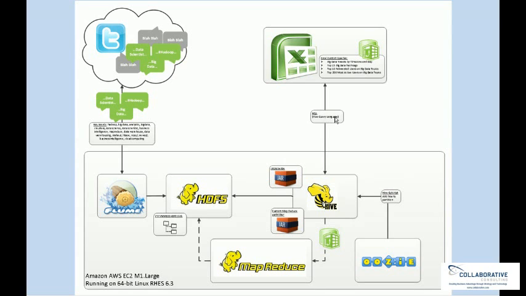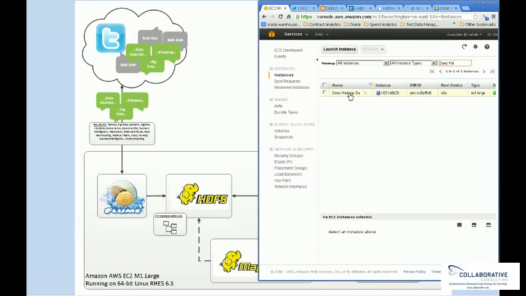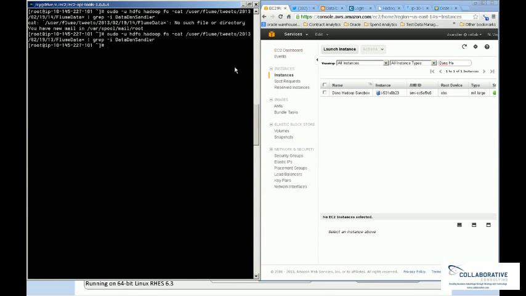Okay? So one final thing I'd like to show you is here's my Hadoop sandbox. It's running in the EC2 cloud right here. I'm going to bring the command line up. I'm right now logged in, SSH'd in, and I can access my environment. This is just a simple command.